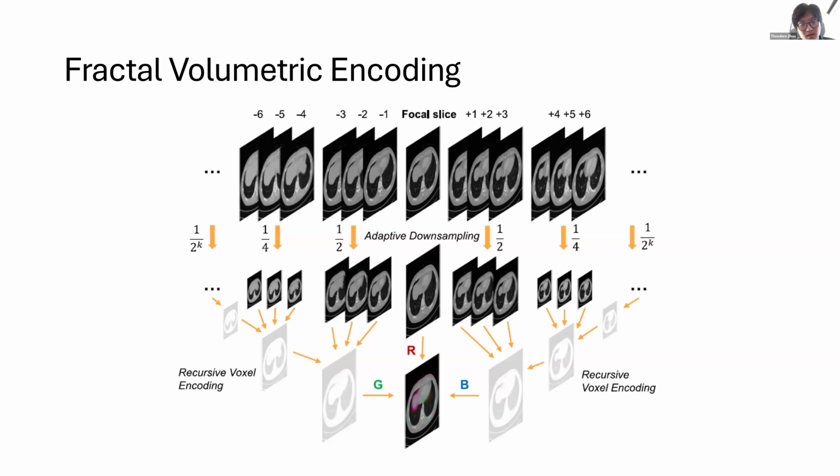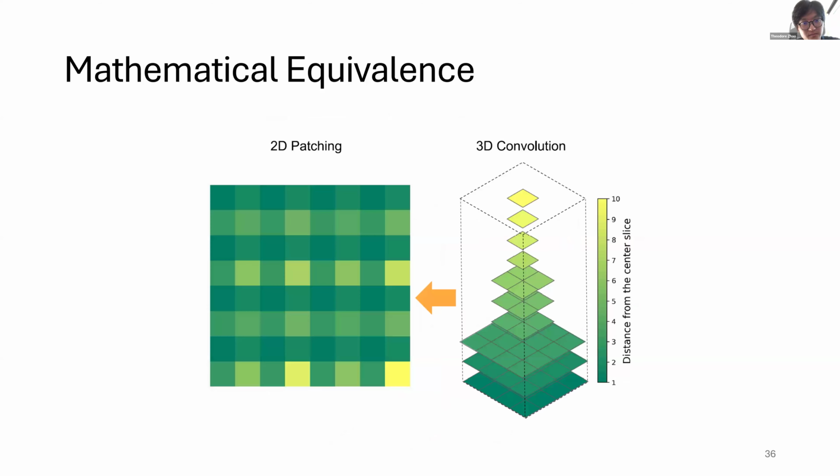That way we can compress a 3D volume centered around the focal slice into a 2D RGB image with the same size, the same shape of the image, but with some 3D context included. This way, we want to build a mathematical equivalence to doing a 3D convolution.